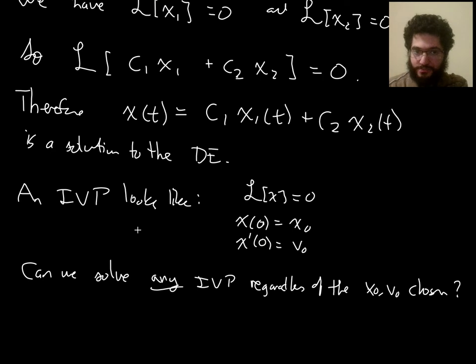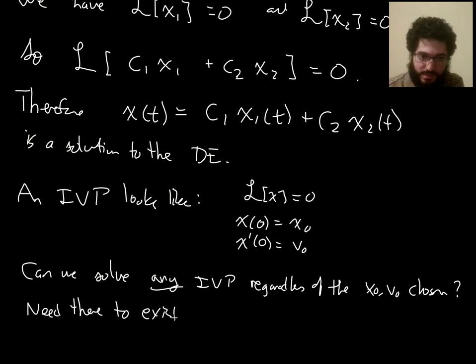But is the answer really yes? Can we really solve any initial value problem, regardless of the x naught and v naught chosen? So in order to test, let's fix the initial values for a sec.